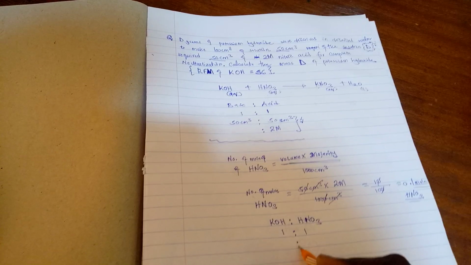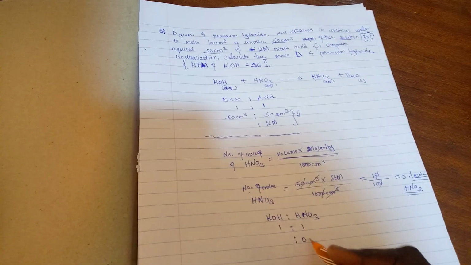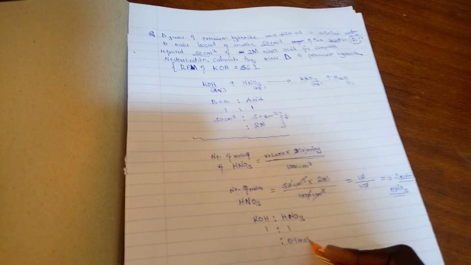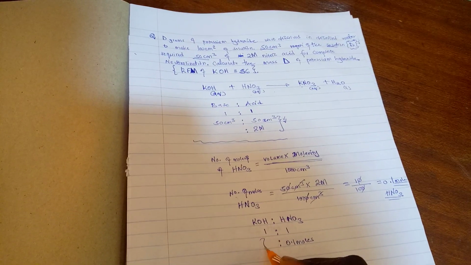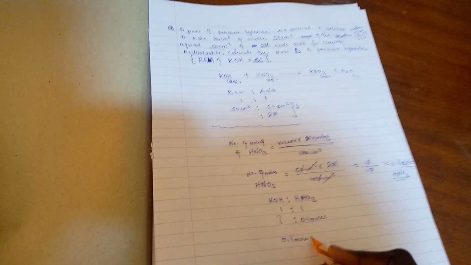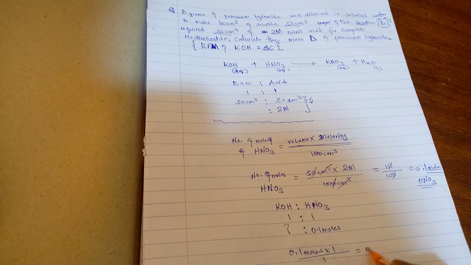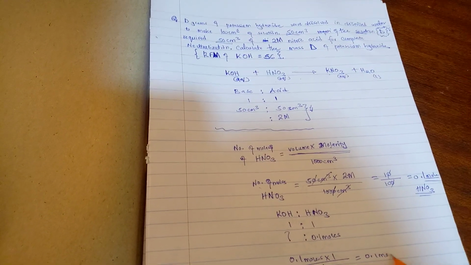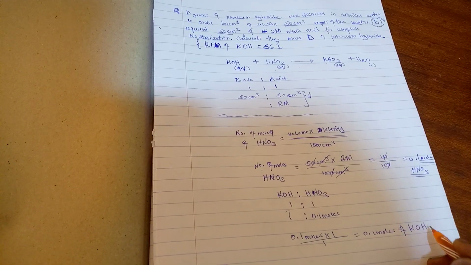We have already got the number of moles of nitric acid. So on the other side, you multiply 0.1 moles times 1 over 1, which is equal to 0.1 moles of potassium hydroxide.